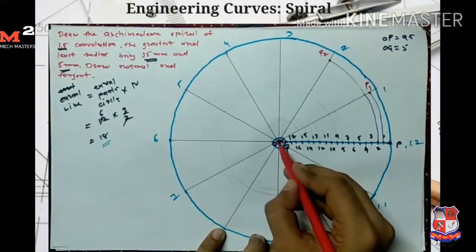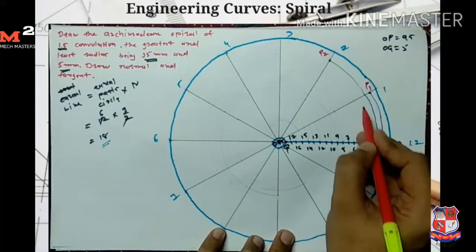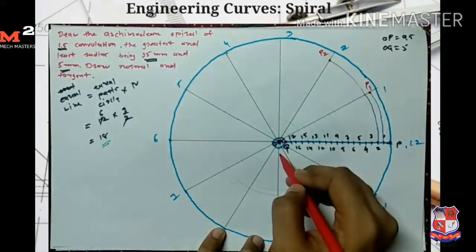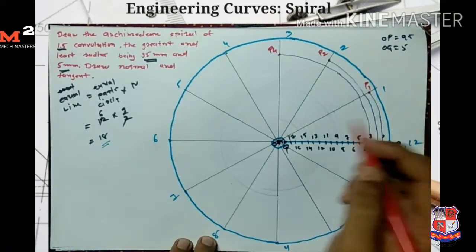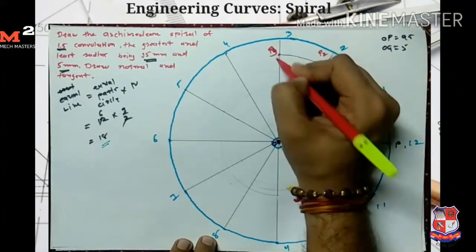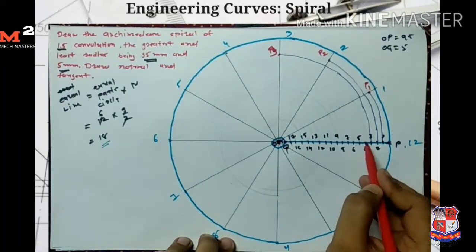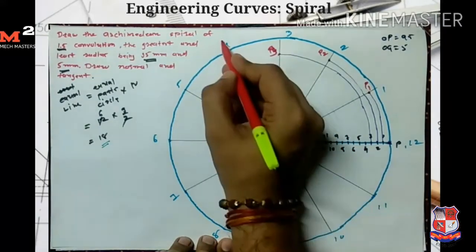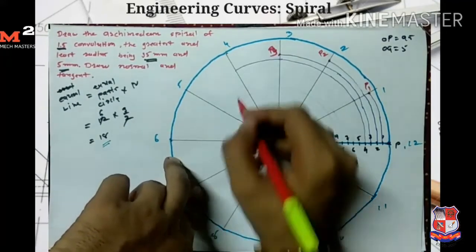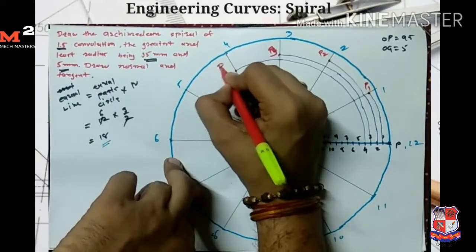Now I take O3 as a radius and O as the center, and draw another arc which intersects the line O3. So I get my P3 point here. Now I take O4 as a radius and draw another arc which intersects the line O4, so I get my P4 point here.